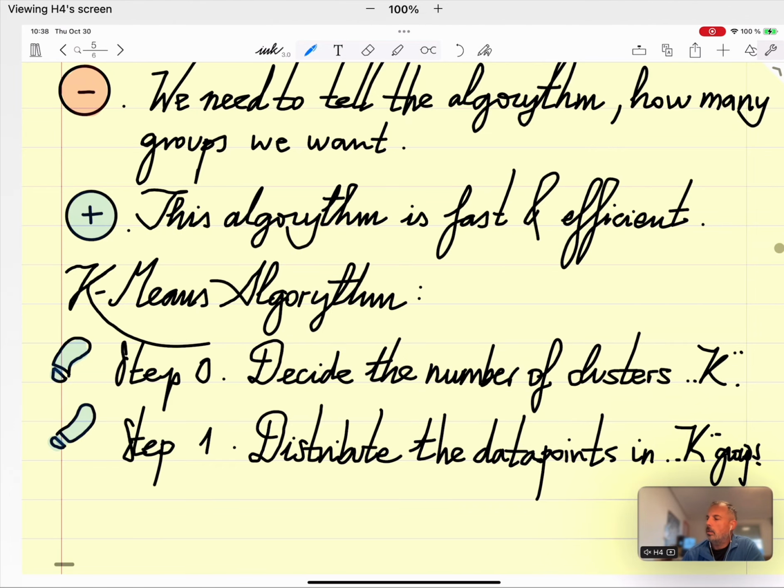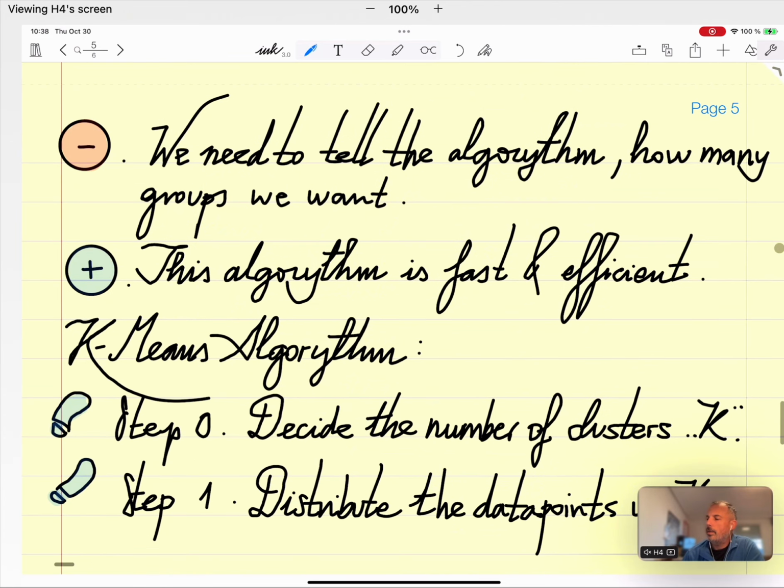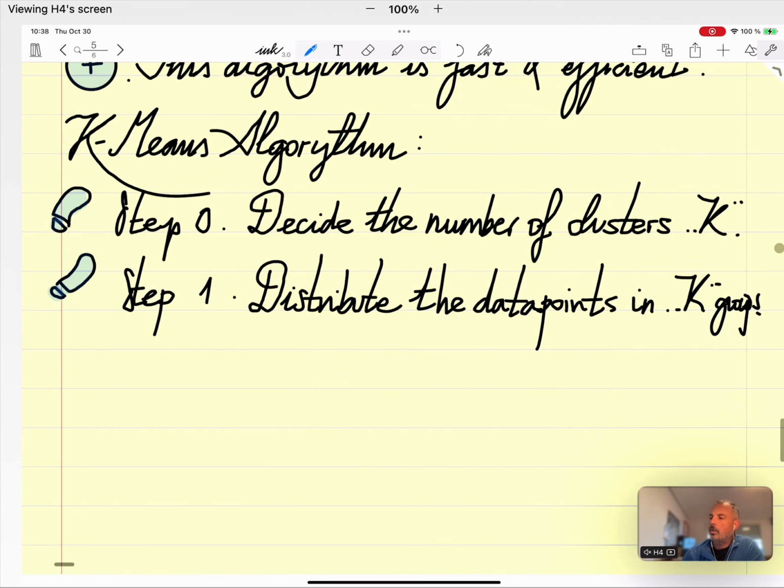So that's cool. You distribute whatever data points you have in 1, 2, 3, 4, 5 groups.